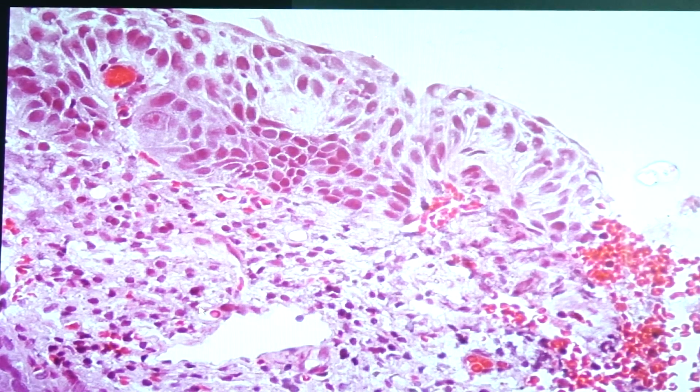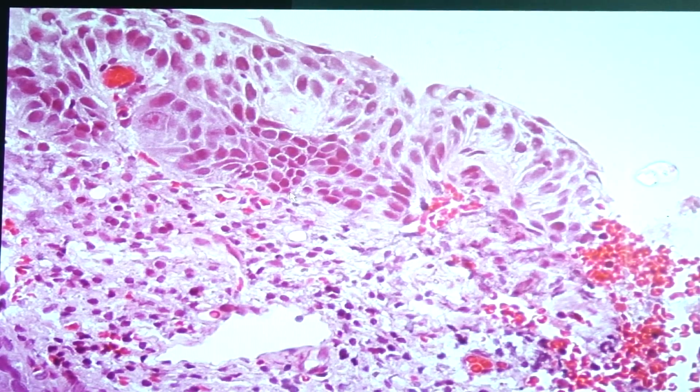Stage 1A would be confined to the cervix with a limitation. So, stage 1A1, there would be invasion, but the invasion should not be more than 3 millimeters. It should not go more than 3 millimeters in depth, and the width should not be more than 7 millimeters.